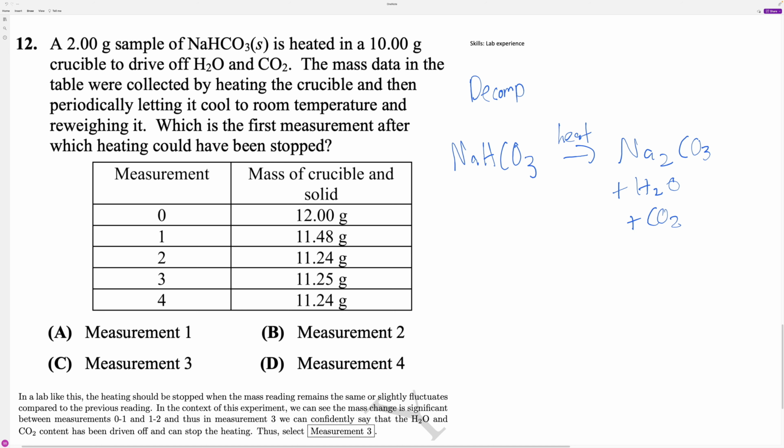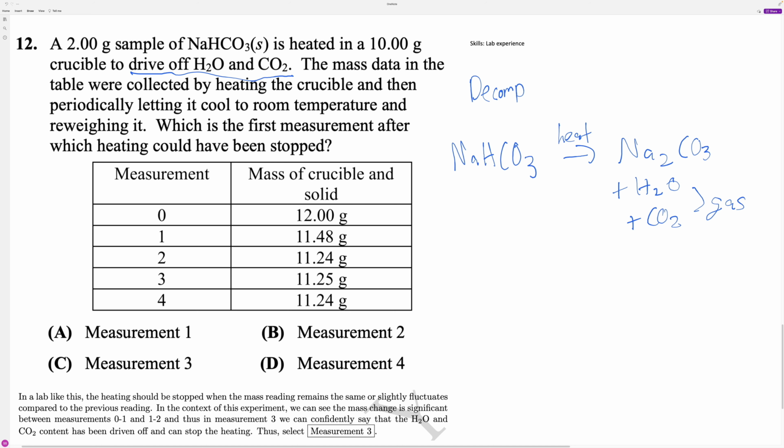Essentially the point of the lab is to drive off H2O and CO2. These both are gaseous, so they're going to dissipate into the atmosphere as the decomposition proceeds.